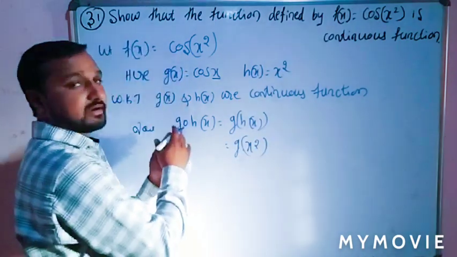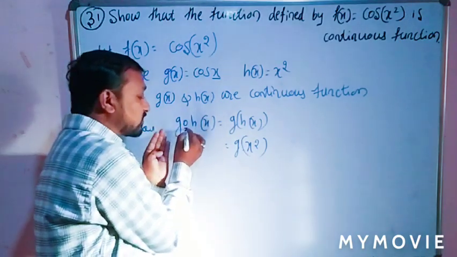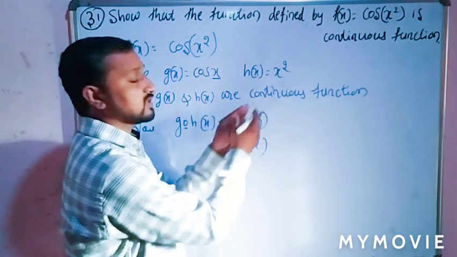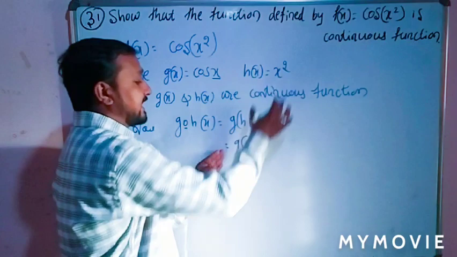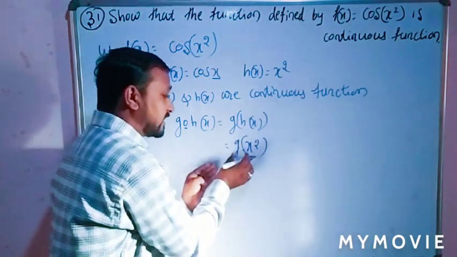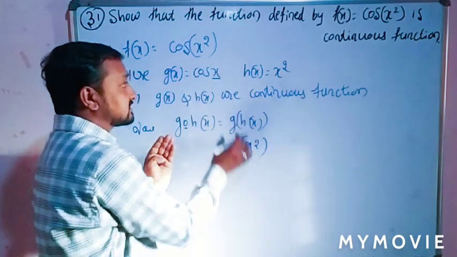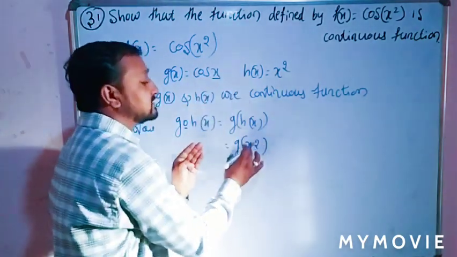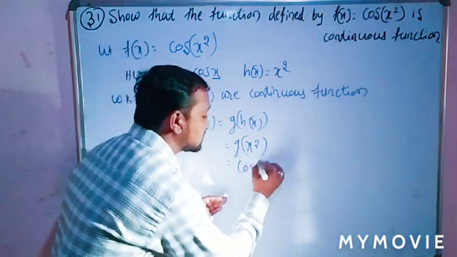Is that clear? This is the symbol of composition. G composition h of x is equal to g of h of x. So g of x is defined as cos x, and here instead of x we put x square. So g of x square is nothing but cos of x square.